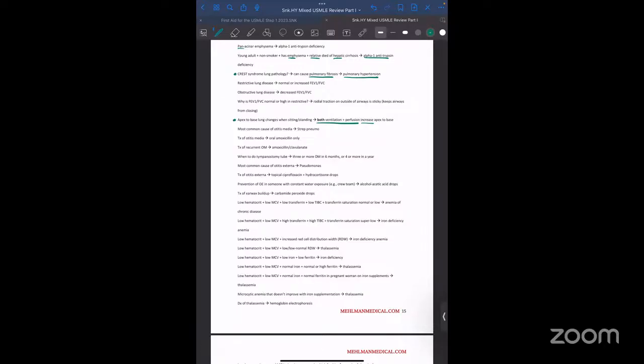Sorry, both ventilation and perfusion are higher at the apex and lower at the base. Okay.